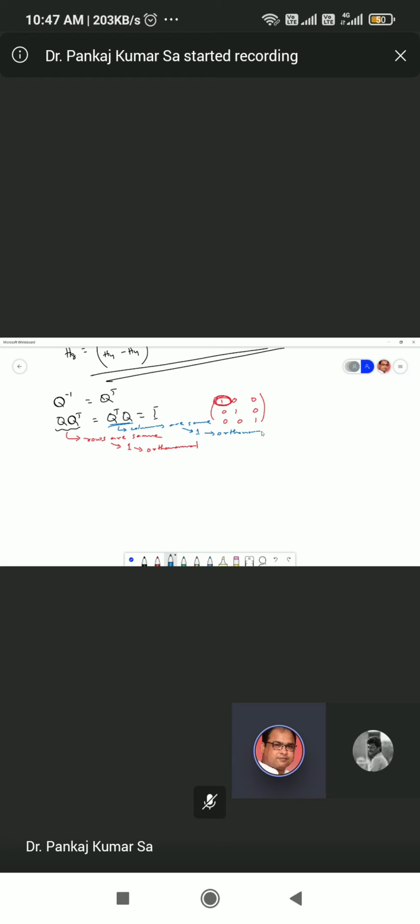Now rows are different or columns are different, that's equal to 0.